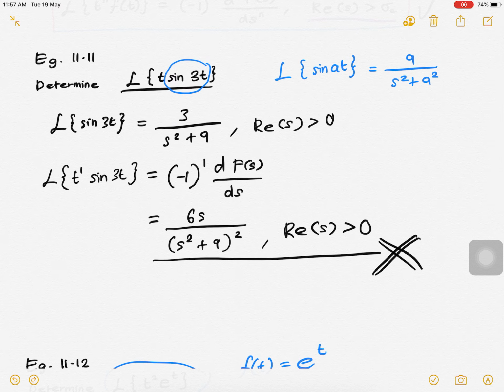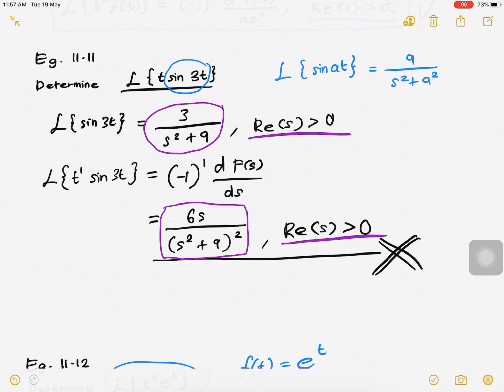We will have a negative 1, and we differentiate this function with respect to s, and this is the outcome of the derivative, and the condition is the same, similar to this one.